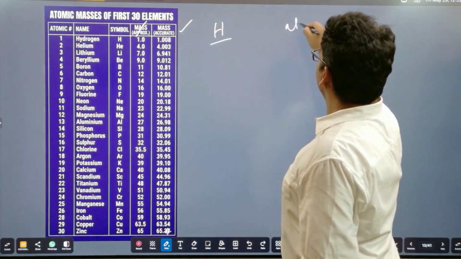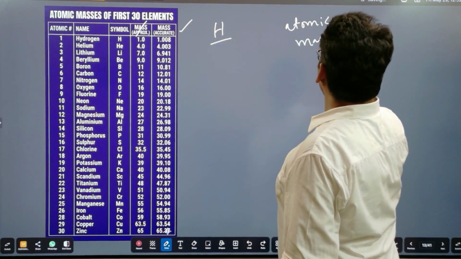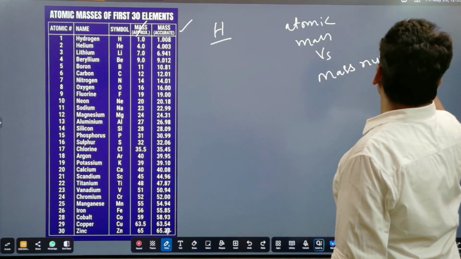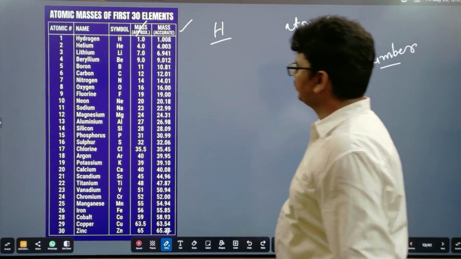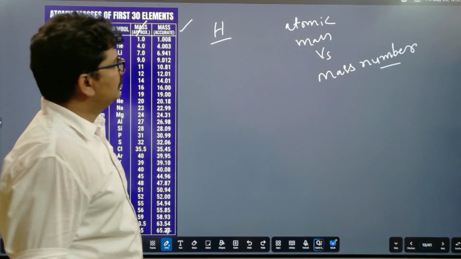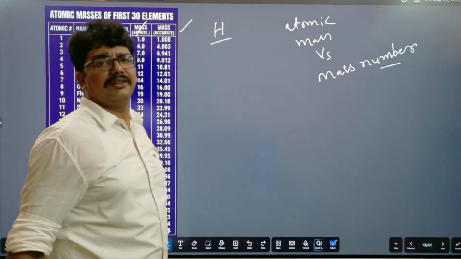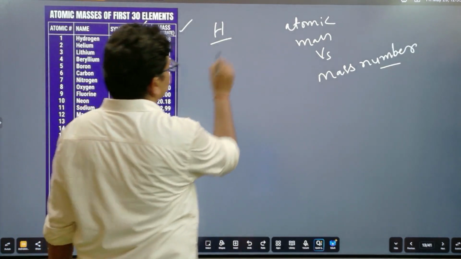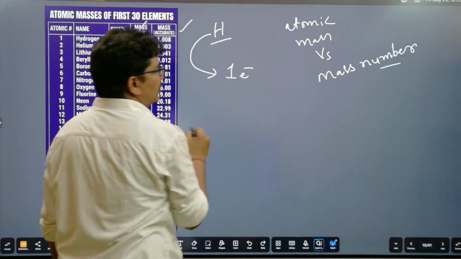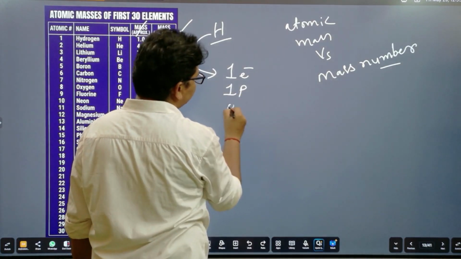Now we are going to see the difference between atomic mass and mass number. What is the atomic mass of hydrogen? 1. What is the mass number of hydrogen? That is also 1. Is there any difference? Yes, there is a difference. In hydrogen, 1 electron is there, 1 proton, and 0 neutrons.